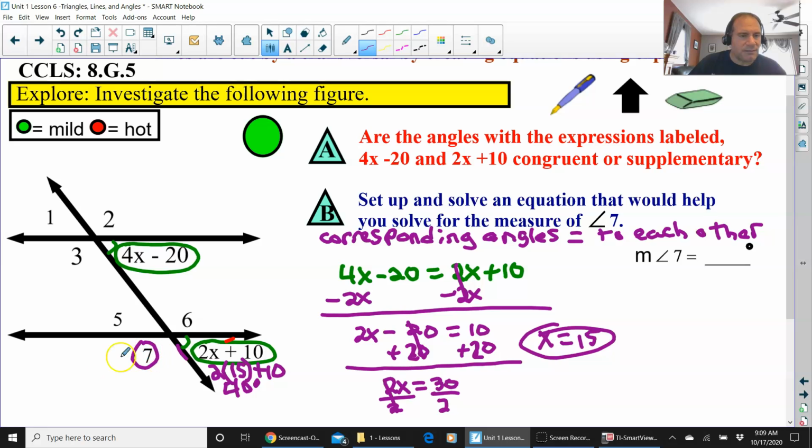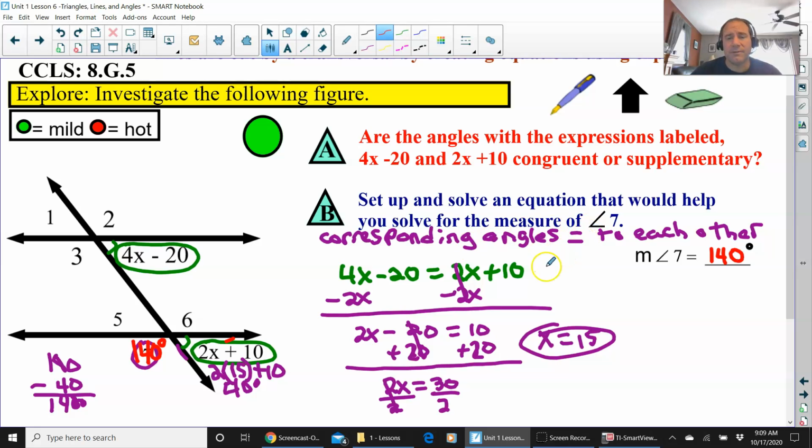I know what this is. It's 180 minus 40, and it's 140 degrees. So I'm going to put in 140, and I'll put that in right here. All right, and that's it.